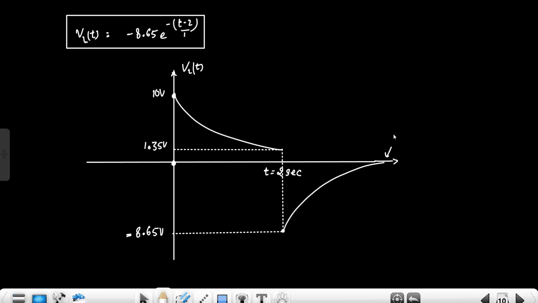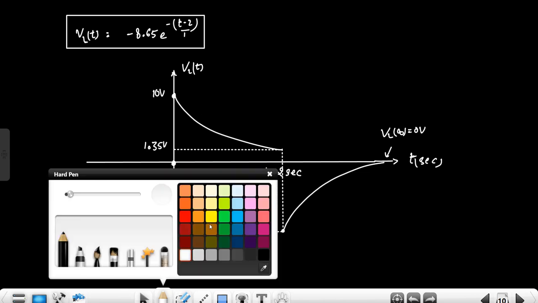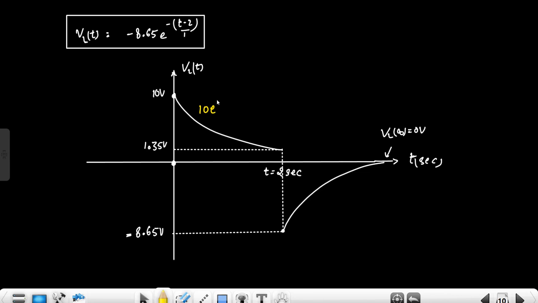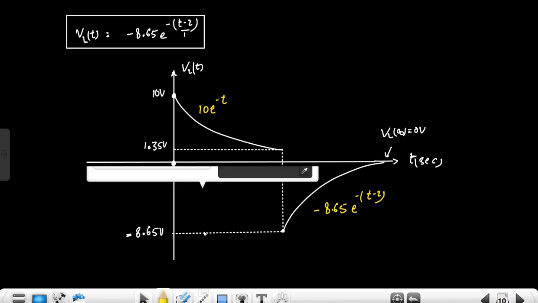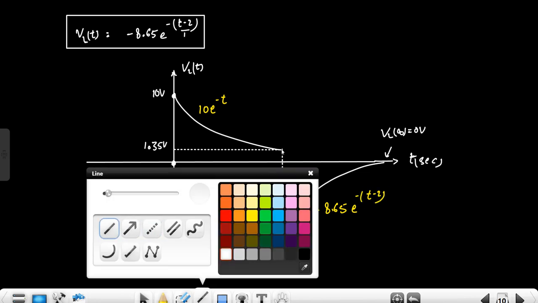So now this is the finite value, which is 0 volt, a fixed value, we know that, right. And here it is following the equation. Let's change the color. Minus of 8.65 e raised to the power minus of (t minus 2), and this is the discontinuity.